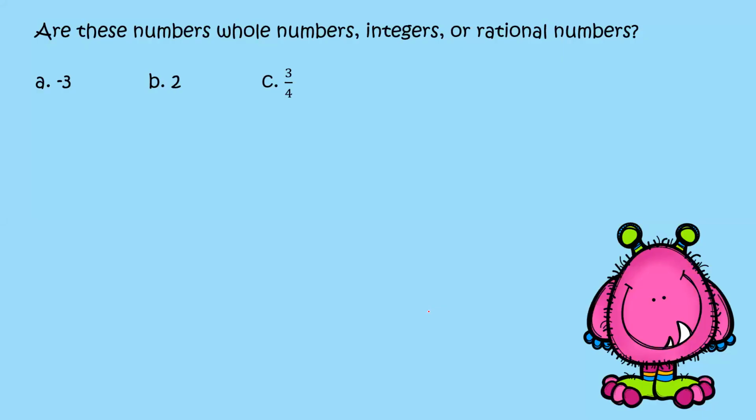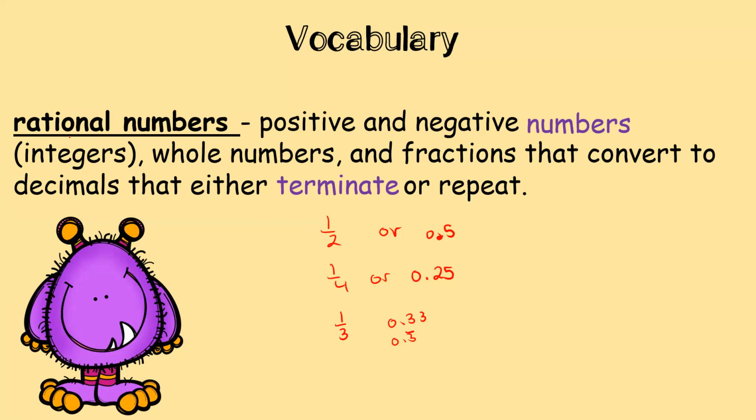Are these numbers whole numbers, integers, or rational numbers? -3. Is that a whole number? Nope. Is it an integer? Yes. How about a rational number? Let's go back to our definition. Positive and negative numbers or integers, whole numbers and fractions that convert to decimals that either terminate or repeat.